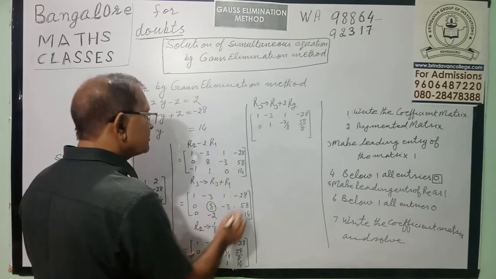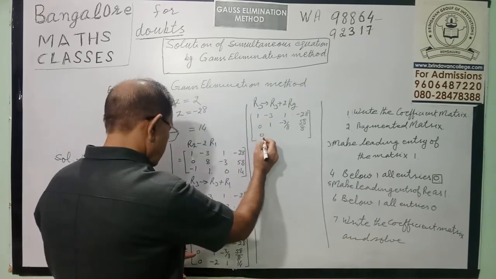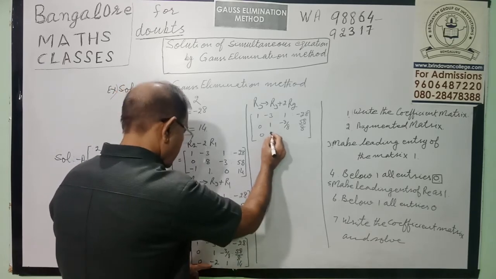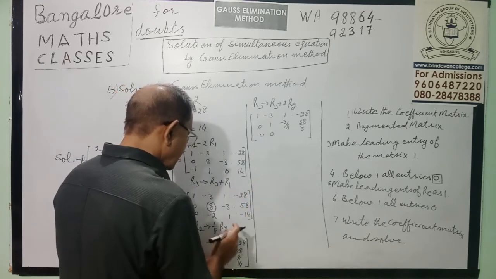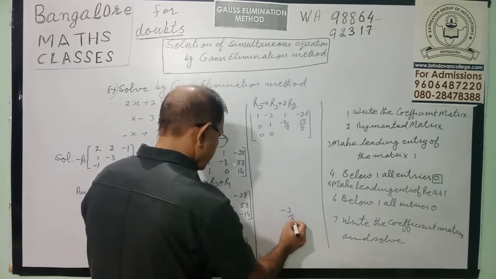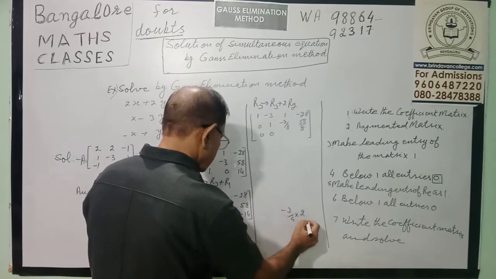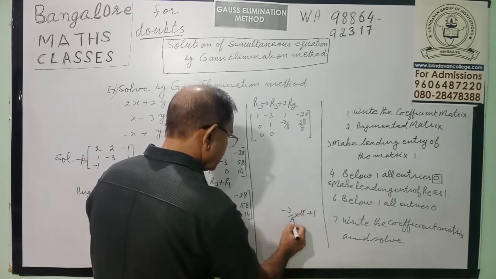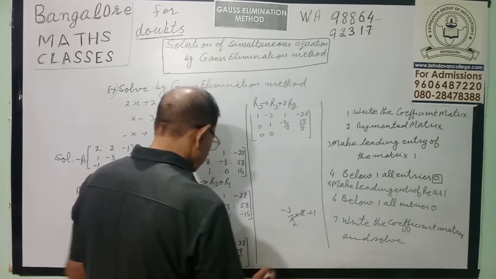Double and add. Minus 3 by 4. Double and add. So we'll get here minus 3 by 2 plus 1.